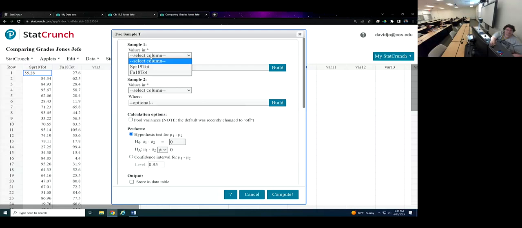I've got values for spring, or my group 1 is sample 1. And my group 2 was fall, sample 2. And I want greater than 0. There's that pool variances that I said leave alone. Leave that unchecked. Don't bother with it.